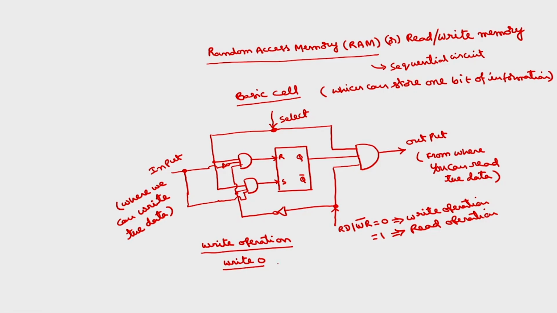So what are the different signals? The basic first thing is select should be 1, otherwise this cell will not be selected. Then what about read by write bar? Because it is a write operation, read by write bar must be 0. And to write 0, we have to make input equal to 0.